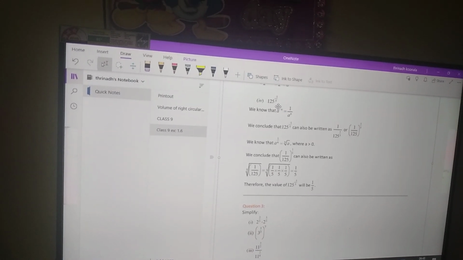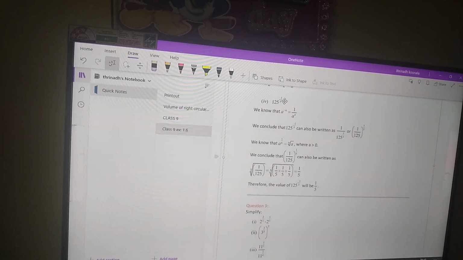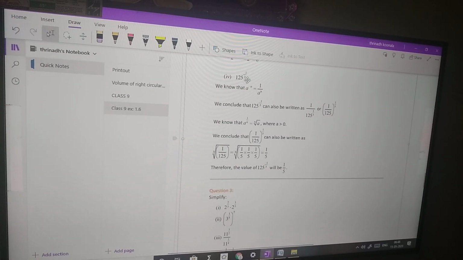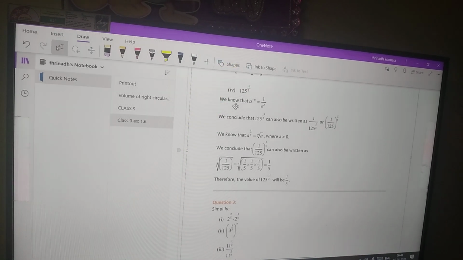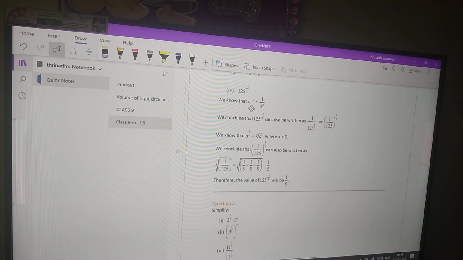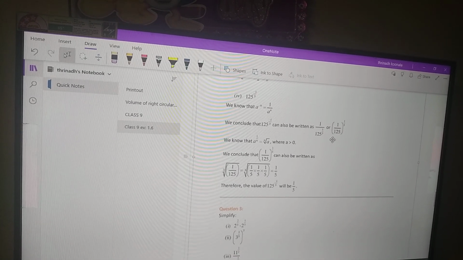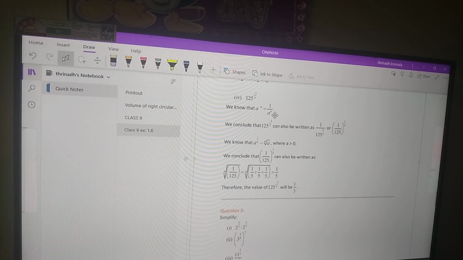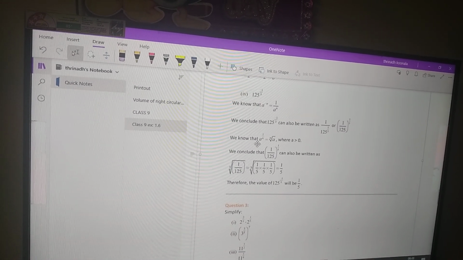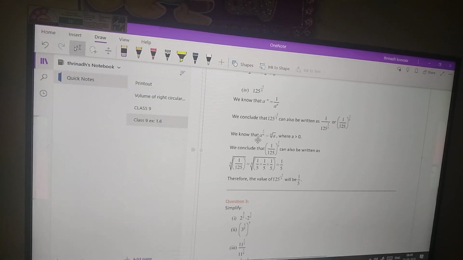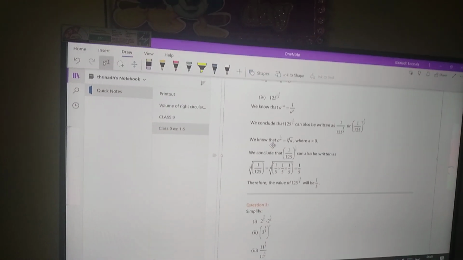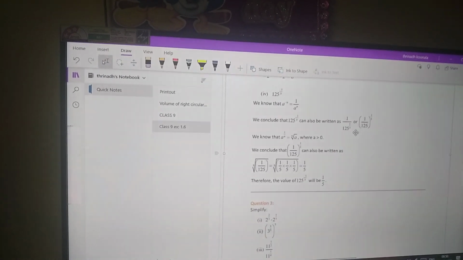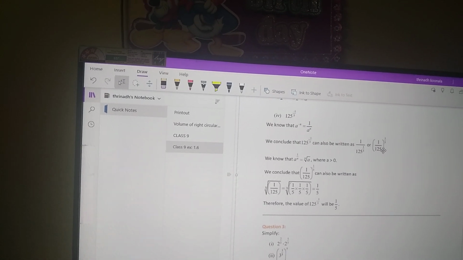125 whole power minus 1 by 3. We can express it as 1 by 125 whole power 1 by 3. We are using the formula a power minus n equals 1 by a power n. 1 by 125 whole power 1 by 3 we can express as cube root of 1 by 125.